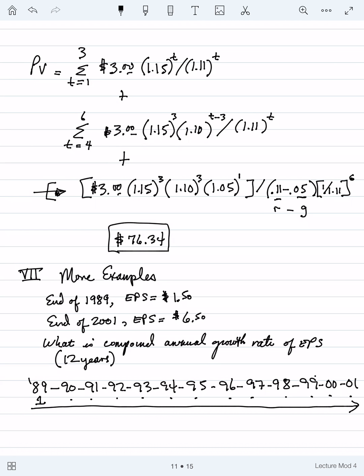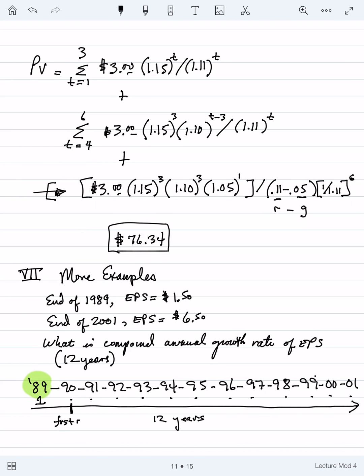For the 1989 amount, I cannot calculate a growth rate. The first growth rate calculation has to start in 1990, so I really only have 12 years of growth.